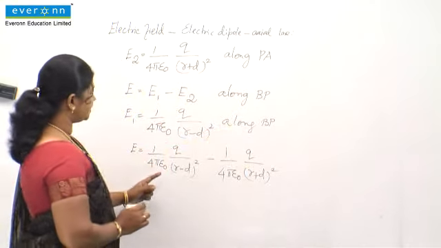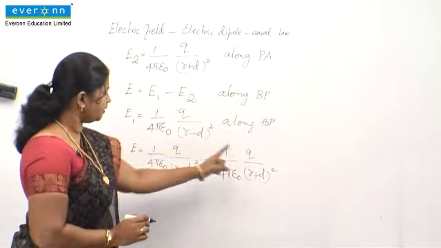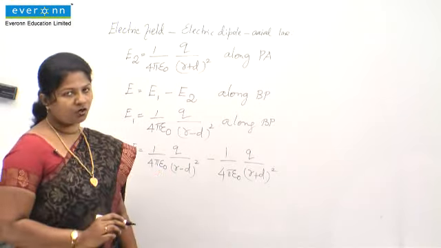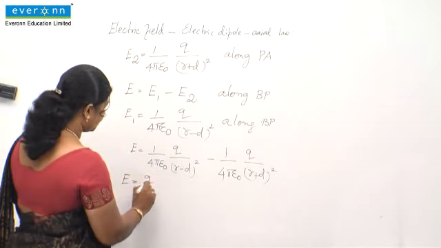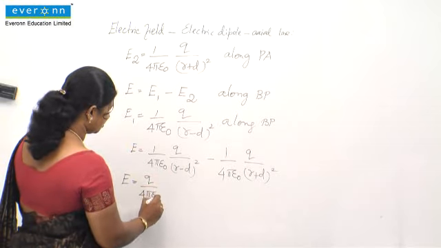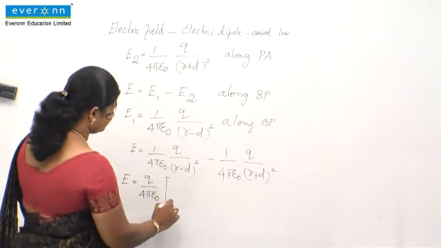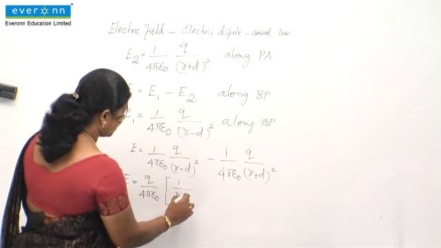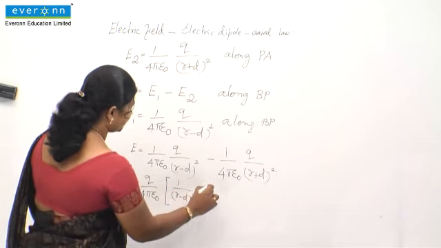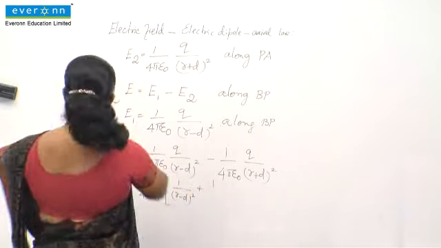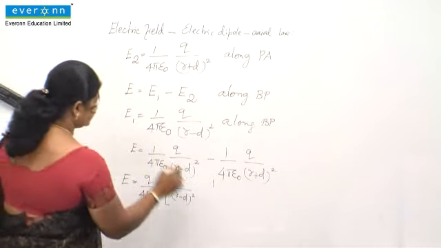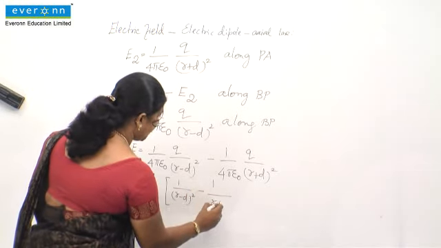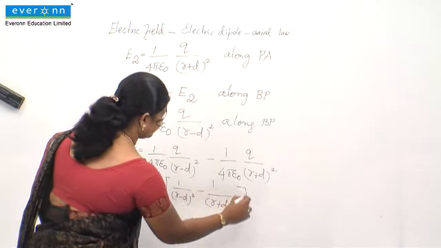Now if you see in this equation, Q is common and 1 by 4 pi epsilon naught is common. So we can take that outside. It becomes Q by 4 pi epsilon naught, and inside we have 1 by (R minus D) the whole square minus 1 by (R plus D) the whole square.